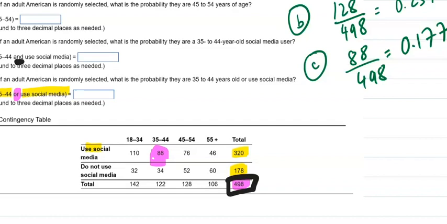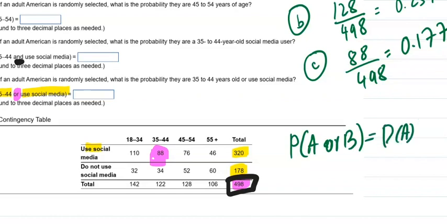I'm going to write the formula: probability of A or B equals probability of A plus probability of B minus probability of A and B. If I use this formula, A here is 35 to 44, B here is use social media, and we use this formula since they are not disjoint, because there are people who are between 35 and 44 and also use social media, which are the 88 people.